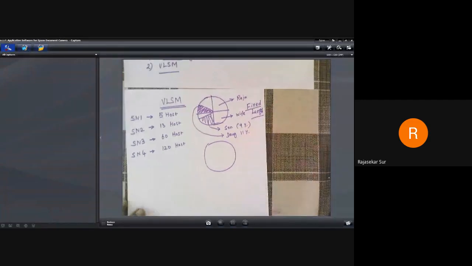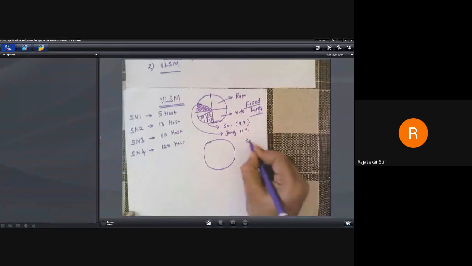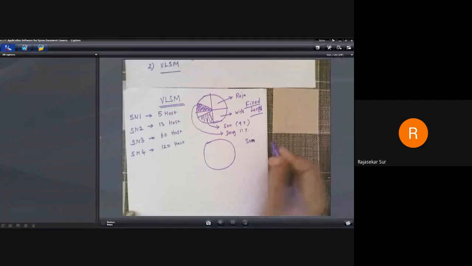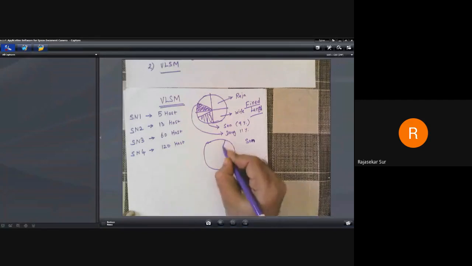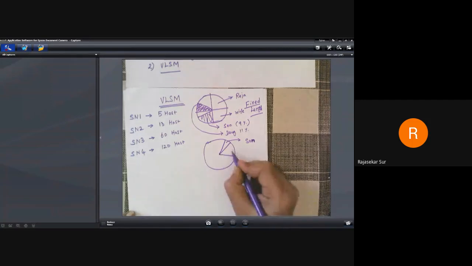But now I bought the pizza and I ask my son how much he needs. He says, I need only this much. I cut only that much and give it to my son. Then I call my daughter and ask how much she needs. She says she needs this much, so I give that to her.